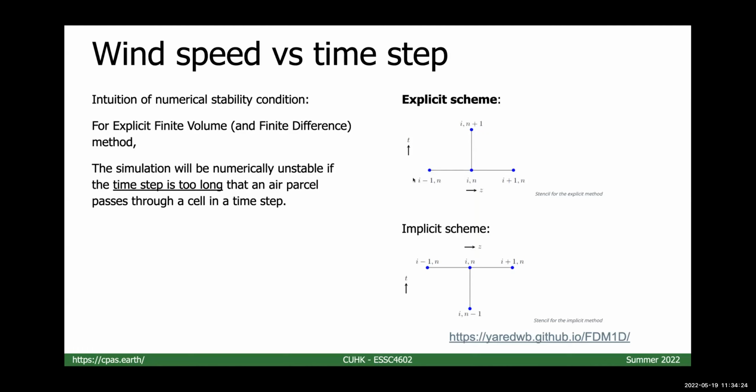That means you will see not a number or unreasonably large number appear as the time integration goes on. And if that happens, we say that the simulation is numerically unstable, and that will result in nothing. Basically, you will get an error in your real simulation job.